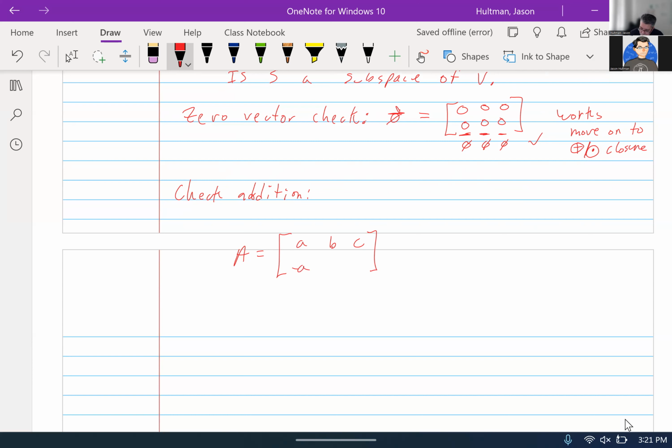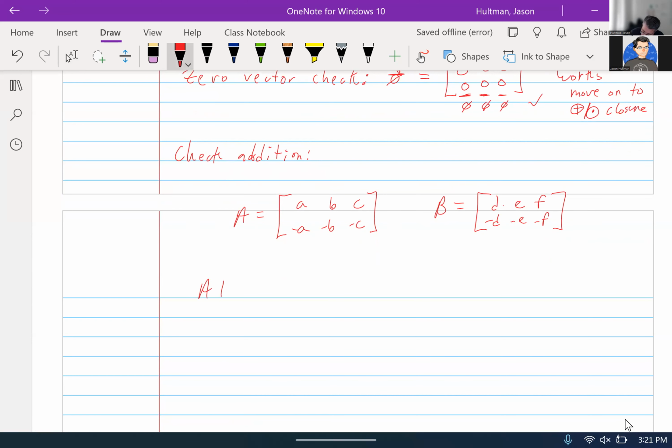I should let it be negative a, negative b, and negative c. And for matrix B, I should have it be d, e, f, and then negative d, negative e, negative f. Okay, so now I want to add these matrices together, A plus B. We're just going to add entry to entry. So a plus d, b plus e, and c plus f.